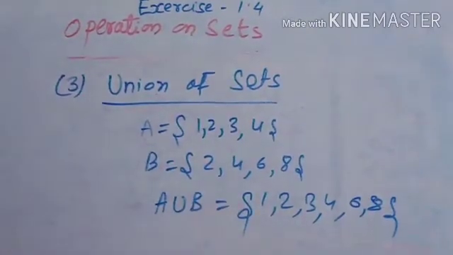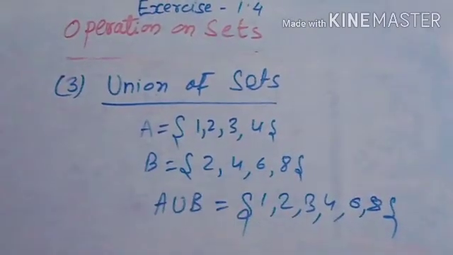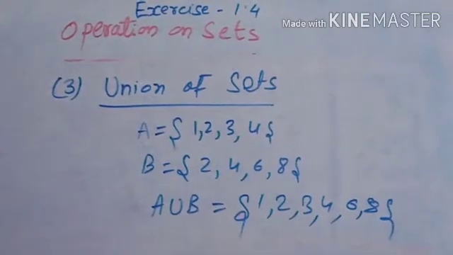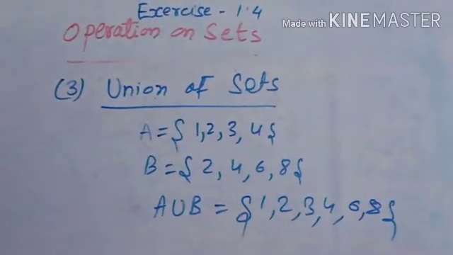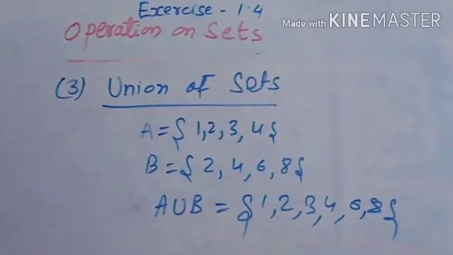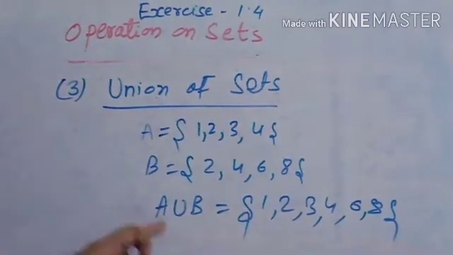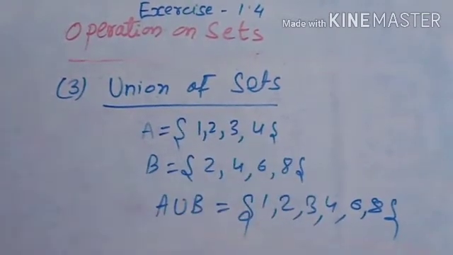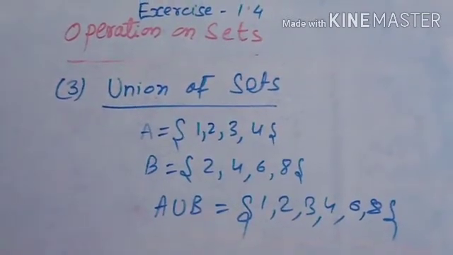A union B is 1, 2, 3, 4, 6, 8. So union means the collection of all elements which are in set A and set B is called the union of the sets.